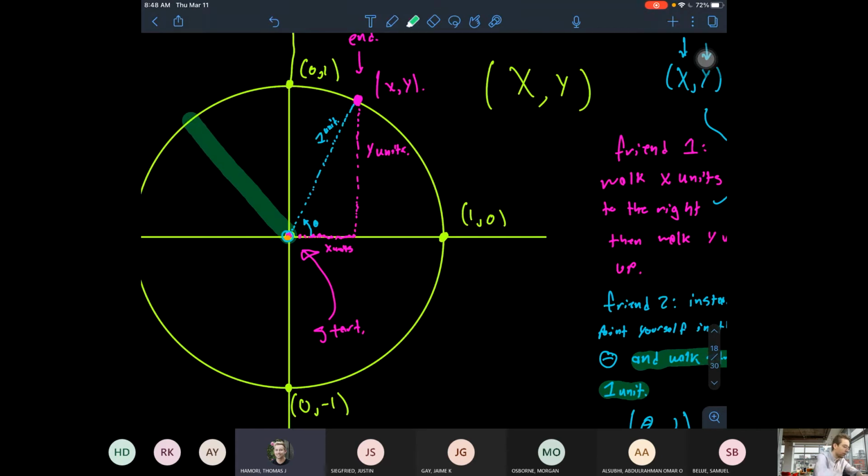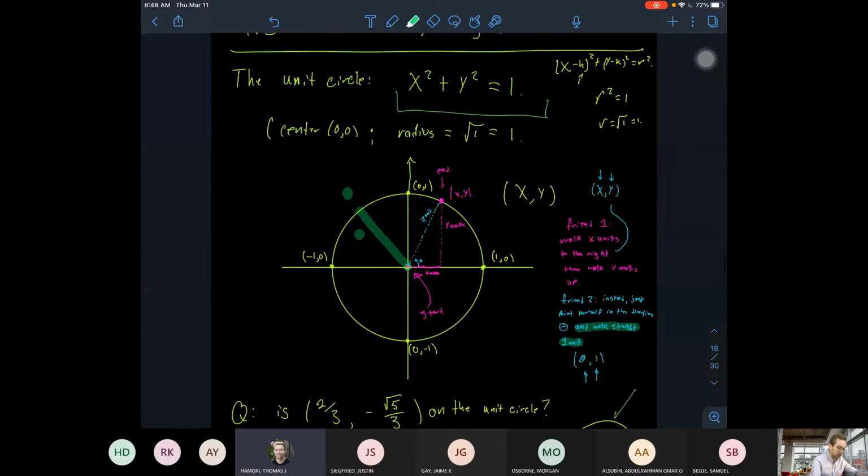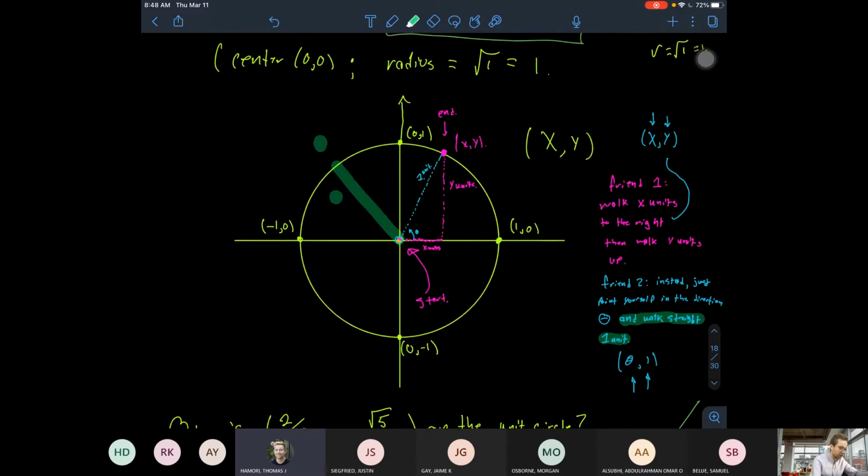If I walk further away, then I'll be off the unit circle. And if I walk less far away, then I won't be on the unit circle either. I want to be on the unit circle. So no matter which direction I pick, I need to walk exactly 1 unit, or else I'm not going to be on the unit circle. And our goal is to give directions to a point on the unit circle.